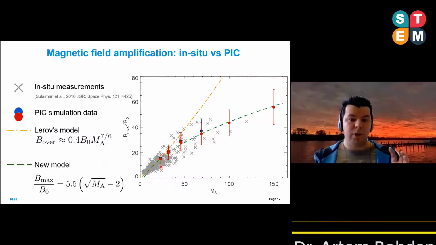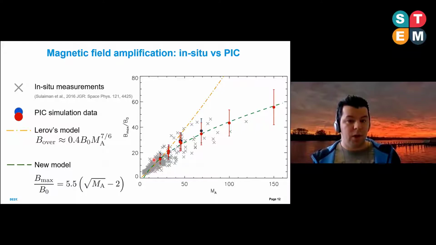And we see that our dots exactly cover the range of the measurements we have. So by doing that, we present a new mechanism for how exactly magnetic field can be amplified in these shocks, and we show that big simulations can reproduce it really well.